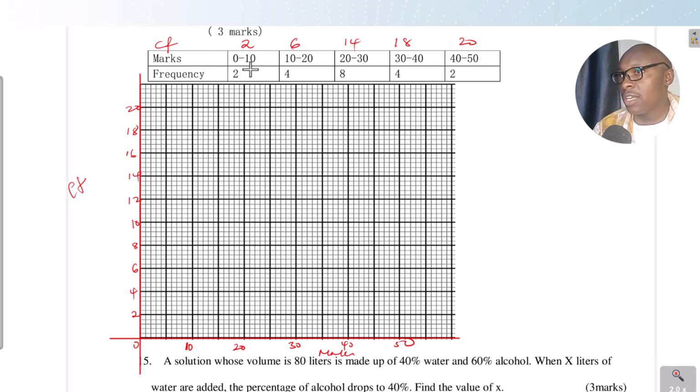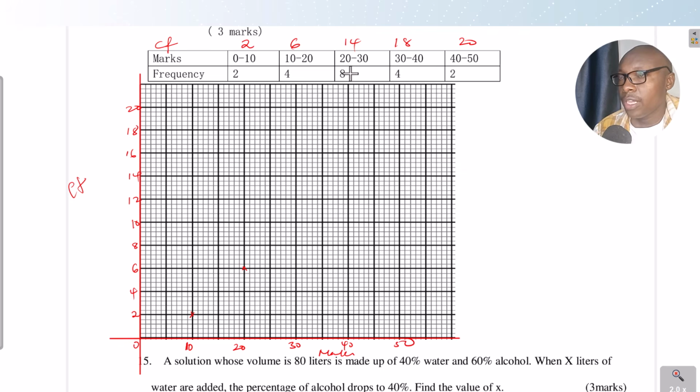So the first class, 2, we're plotting that on the marks at 10, 2. There it is. And then the other one is 20, 6. Because at 20, we have 6, 6 is here.